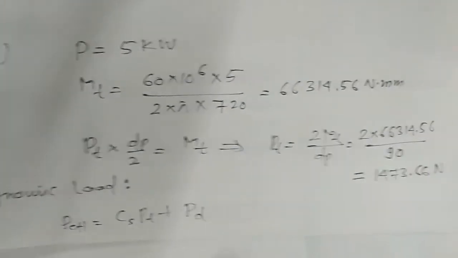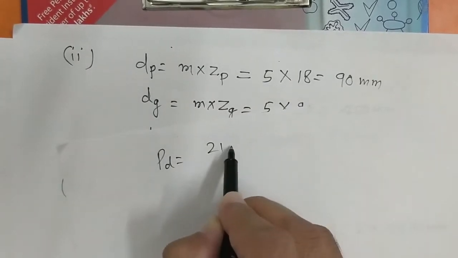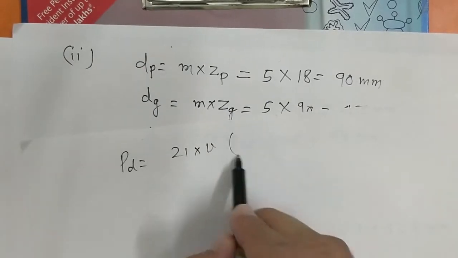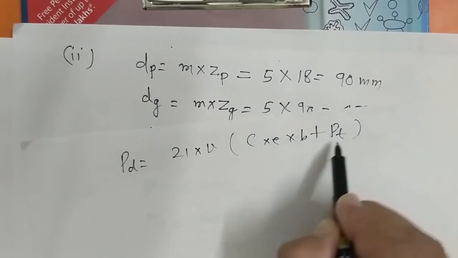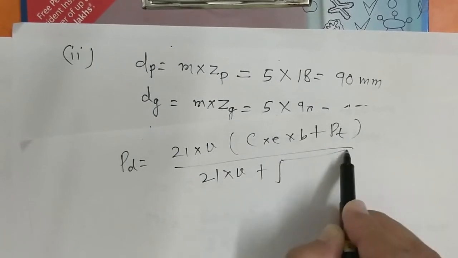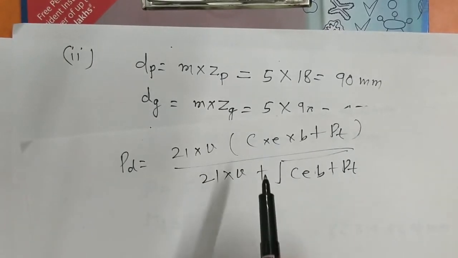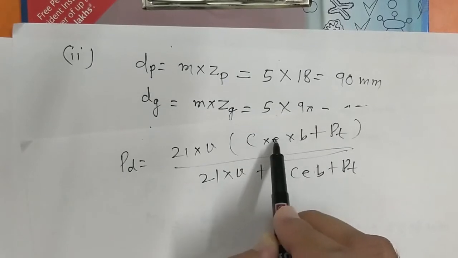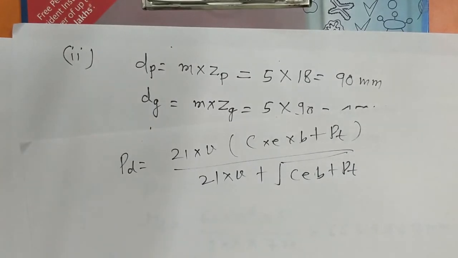So this dynamic load can be given by a relationship which is Pd equals 21 times velocity V multiplied by (C E B plus Pt) divided by 21 V plus under root of (C E B plus Pt). So here C is deformation factor, E is error, B is face width, Pt is tangential force, V is pitch line velocity.